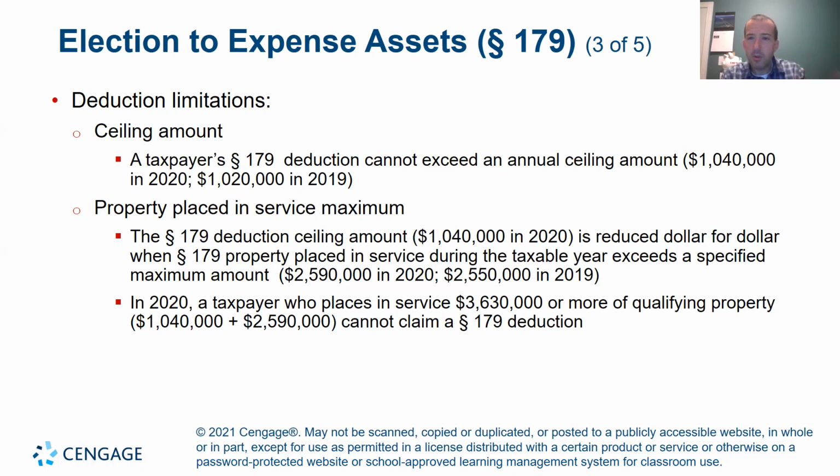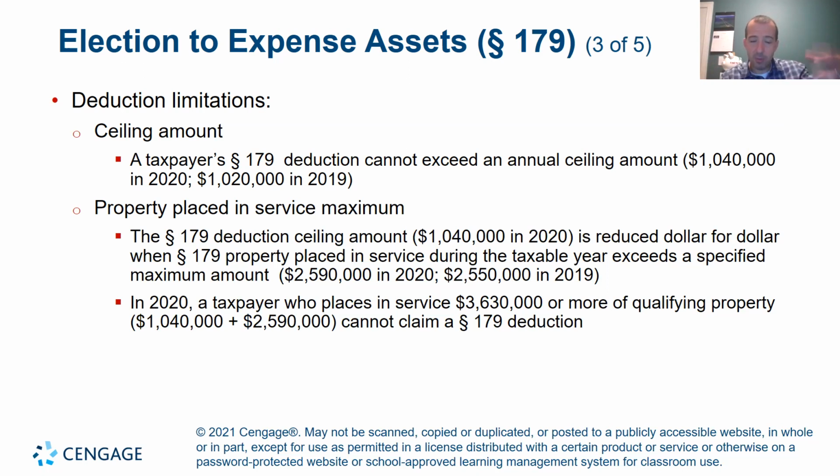What that means is that if you purchased assets in excess and placed them in service in a given year over the $1,040,000, so let's say in this example you placed $3,630,000 of assets in service in the year, we would take the potential Section 179, add the difference, which would be $2,590,000, which gives you the $3,630,000.